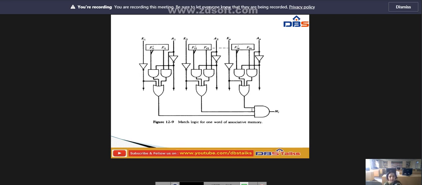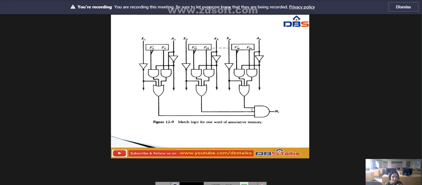Now I am talking about the write operation. If unwanted words have to be deleted and new words inserted one at a time, there is a need for a special register to distinguish between active and inactive words. This register, sometimes called a tag register, would have as many bits as there are words in memory. For every active word stored in the memory, the corresponding bit in the tag register is set to 1. A word is deleted from memory by clearing its tag bit to 0.